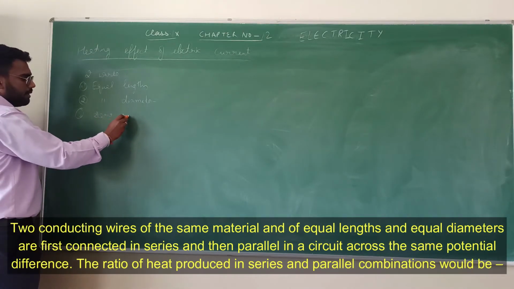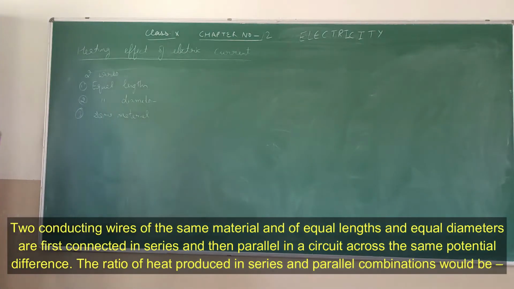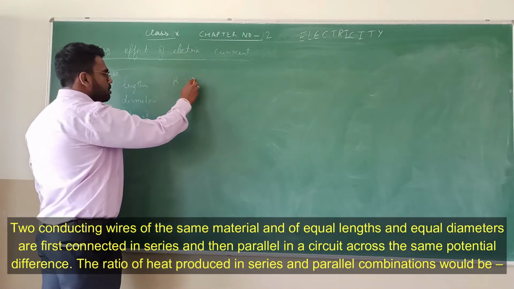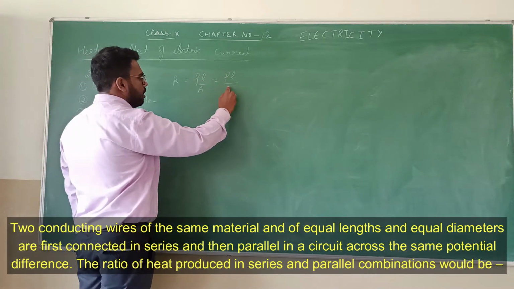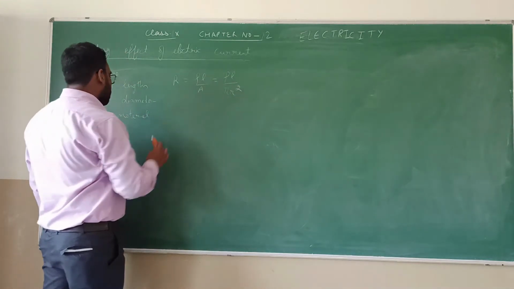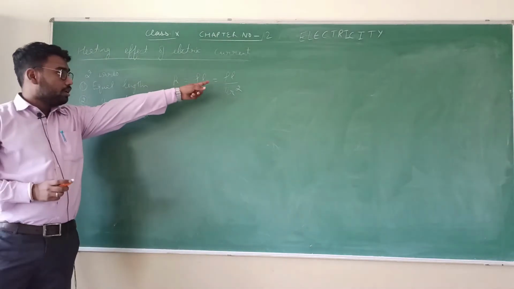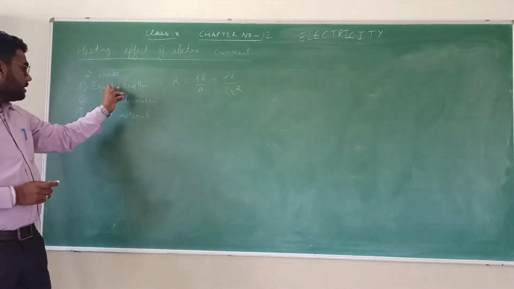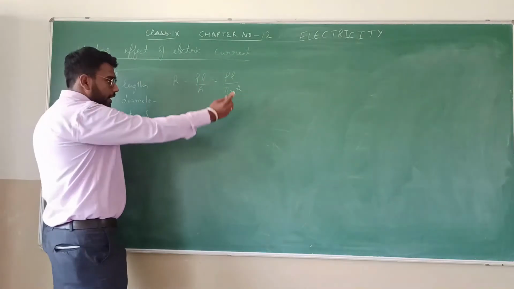same material. So dimensions are equal and material is equal, so if we apply the formula of resistance, R is equal to rho L by A, that is rho L by pi r square. Rho means resistivity, which depends on the material. Material is the same, so rho is the same for both, and length is the same. If diameter is equal, that means radius is equal, therefore area is also equal.